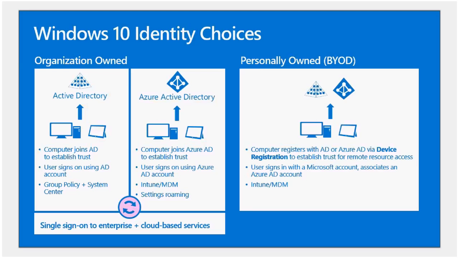So you can register a personally owned device with Active Directory or Azure Active Directory to establish a certain level of trust of that device, even though it's a personal device, so that you can then do conditional access of remote resources, either in the cloud or on-prem, to say that even this person may have access to a corporate resource, but I only want to allow access to that resource if they're accessing it from a trusted device, a registered device.